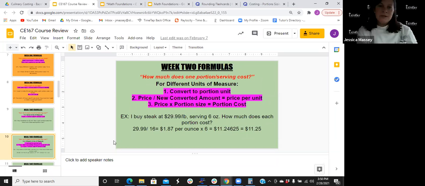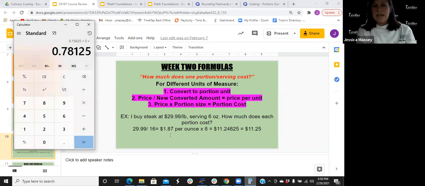So let's try this one. We have our steak at $29.99 a pound. Our serving is 6 ounces. How much does that 6-ounce portion cost? Your first step is to take that $29.99 steak that we buy per pound and divide it by 16, because we know there's 16 ounces in a pound.